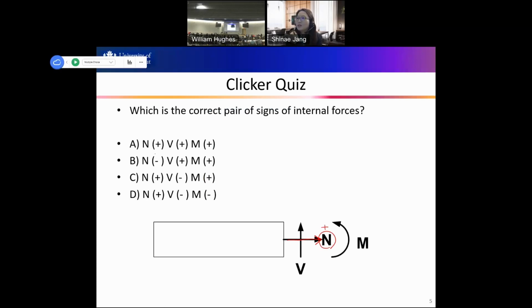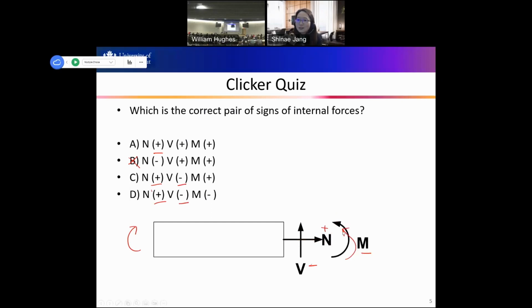Yes. Tension is positive, so not B. And then what about V? At the cut section, we should plot V like this, right? So downward should be positive, and this is now negative. So this is positive and this is negative. These two are correct, right? And then what about moment?